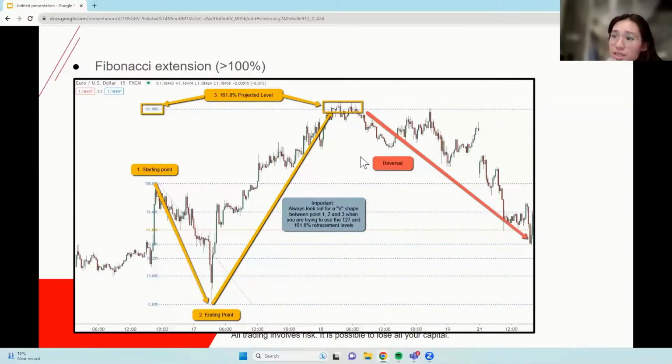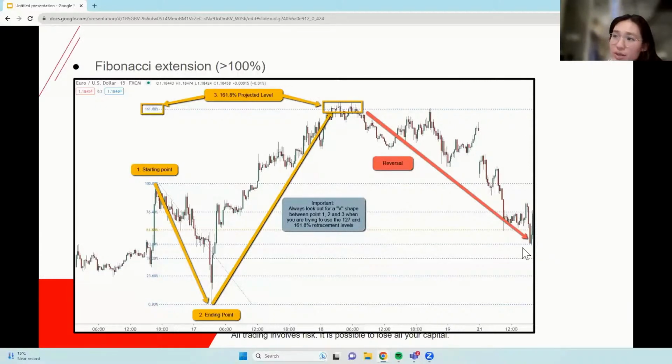You can see over here in this example, it has retraced more than 100% and it has moved up to this projected level at the 161.8% level. It's at this 161.8% projected level that we are expecting a reversal.